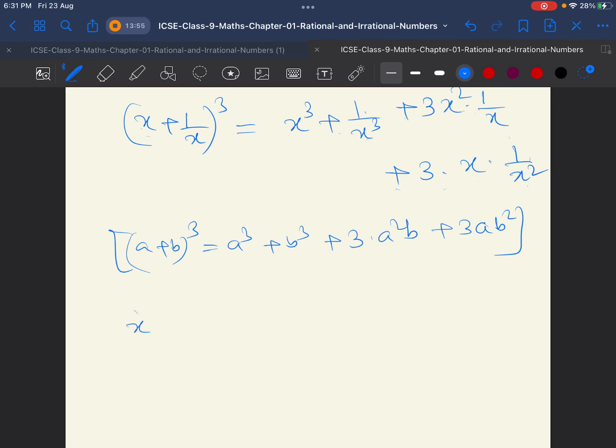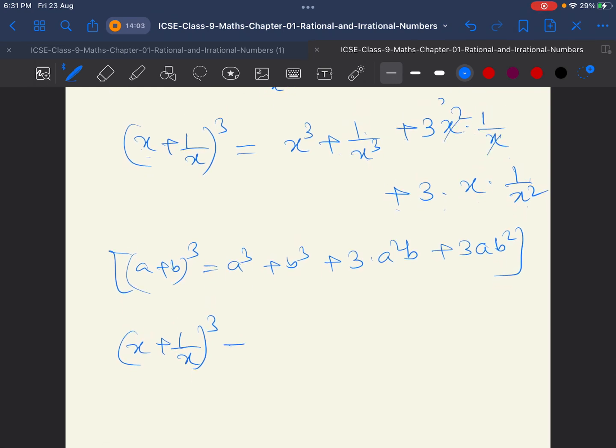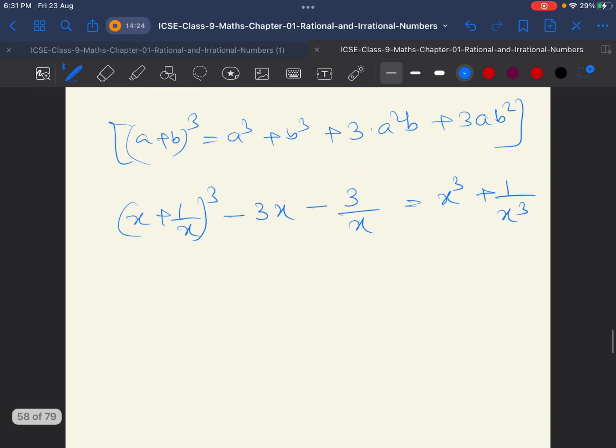So x plus 1 by x whole cube minus 3x. 3x will be in the left hand side, so we can write minus 3x, and this is also minus 3 by x equals x cube plus 1 by x cube.